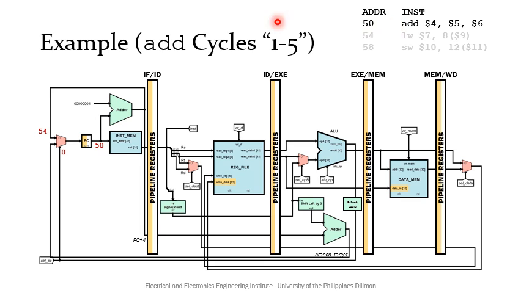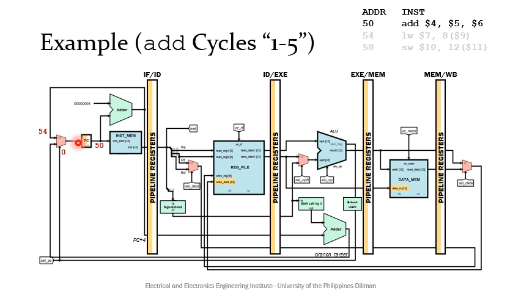In the first clock cycle, the PC must start with a value of 50. Within this first clock cycle, the add instruction is fetched from the instruction memory and fed to the IFID register. The PC plus 4 update value is also generated and fed to the PC for saving.